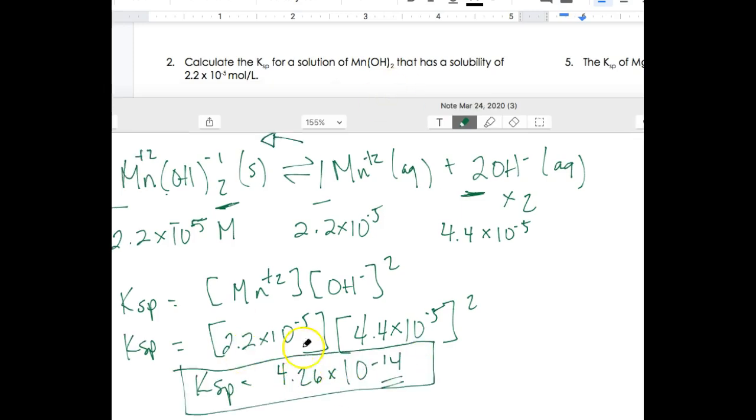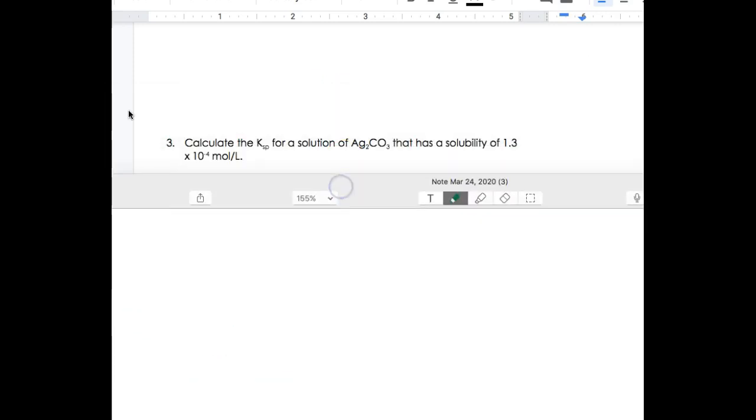All right, now that you have 2 examples, I want you to try example 3. You need to try, otherwise you're not going to get it. So hopefully you wrote your equation. Ag2CO3, which is silver carbonate, right? CO3 has a -2 charge, right?